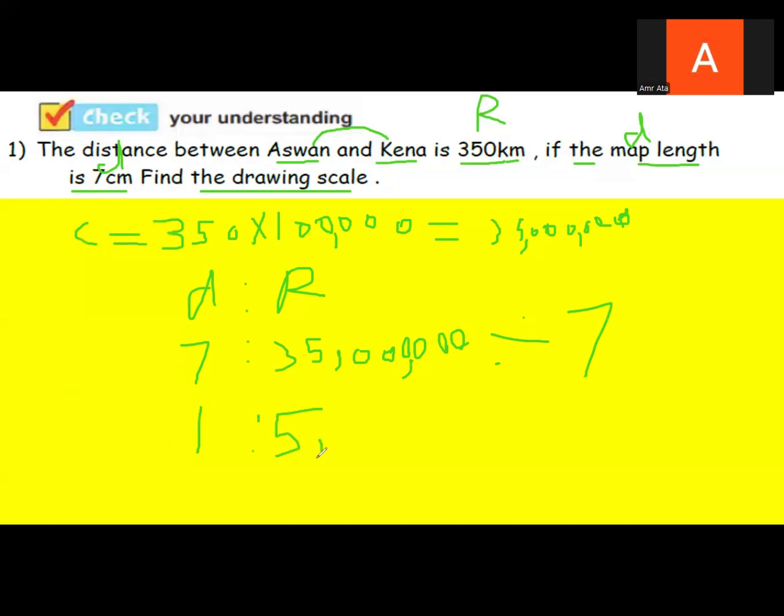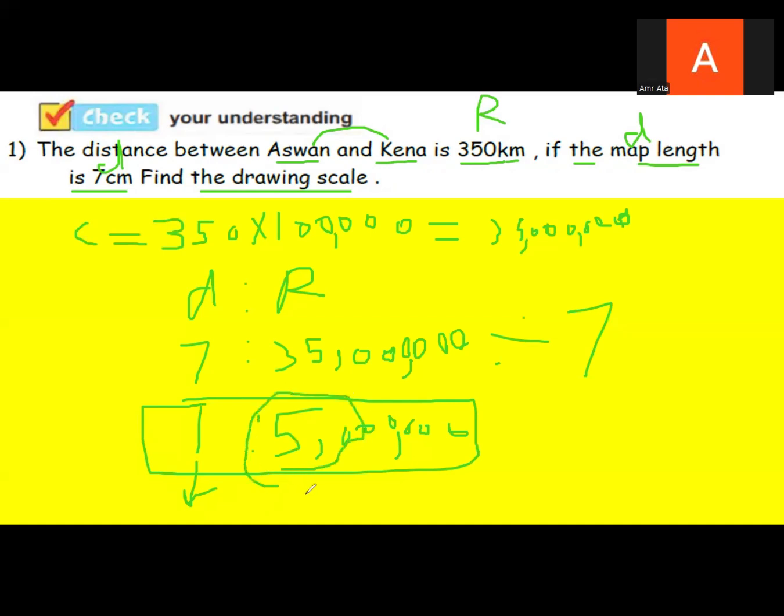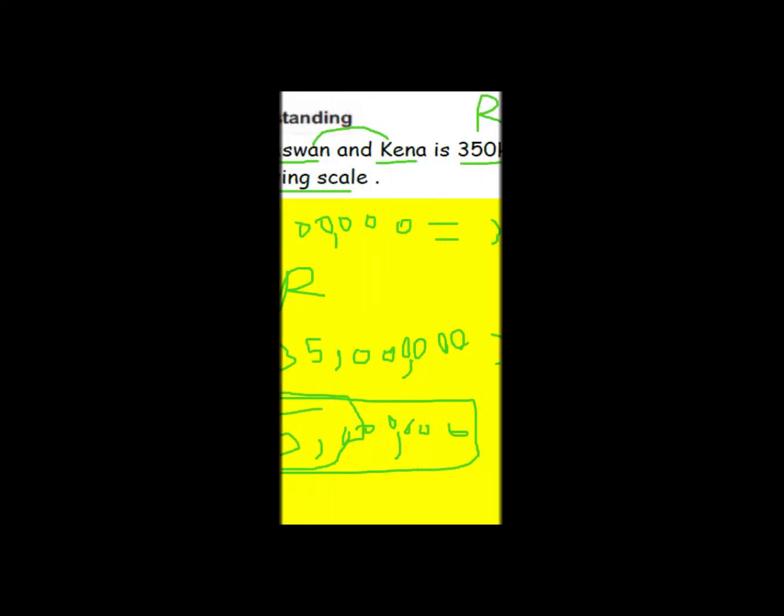And I will put 6 zeros as they are. So the scale drawing is 1 to 5 million. It means 1 centimeter on the map represents 50 kilometers in the real. Okay? Okay.